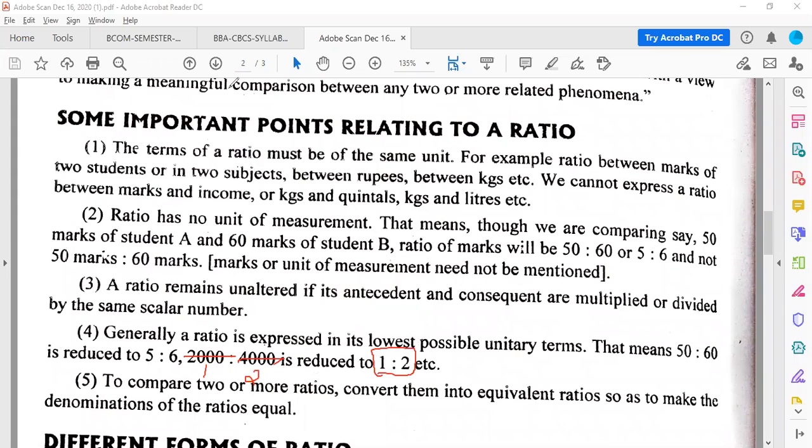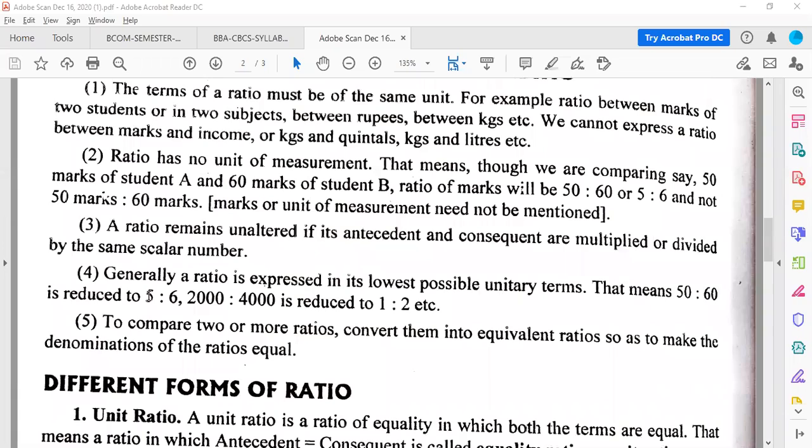You have to always express the ratio at its lowest possible terms. Here 5 is to 6 is the lowest term. You cannot cancel again because 5 is a prime number, so you have to leave it at 5 only.